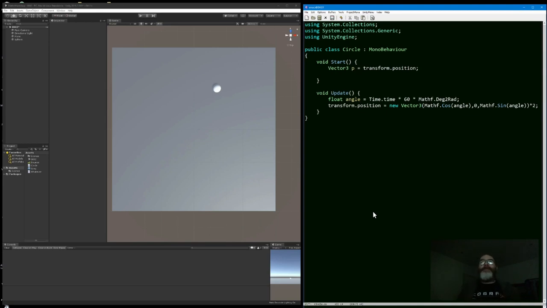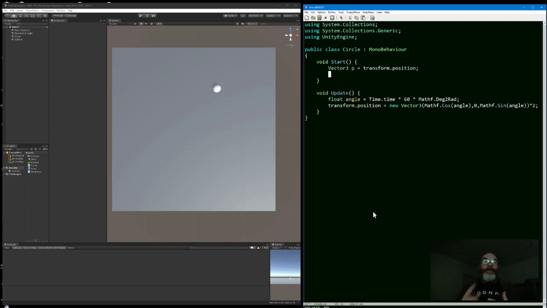Now I need an angle, because yeah, I am representing my rotation in angles, so I need to know what the starting angle is. I really hate using angles, but I'm going to do it just for demonstration here. Right, so what I want to know is what angle I need to start the circle drawing at the right place.